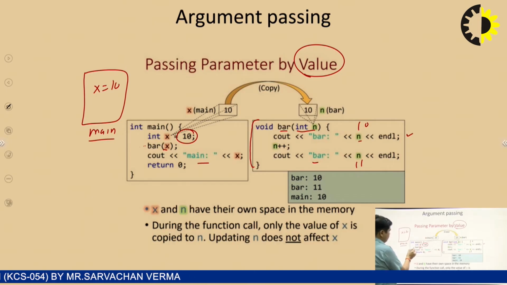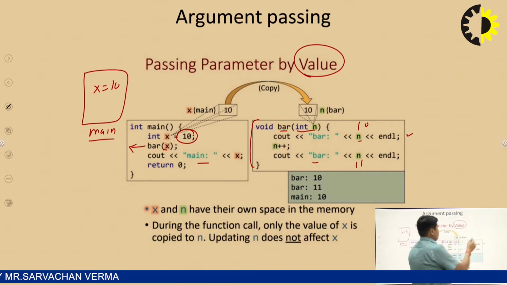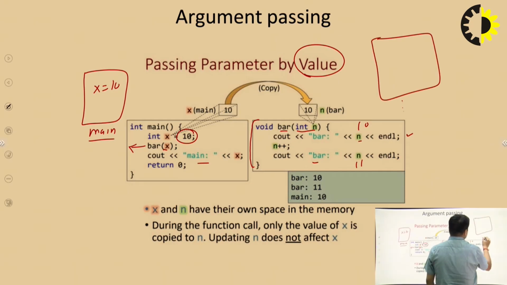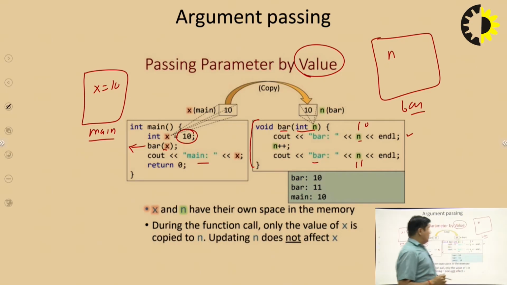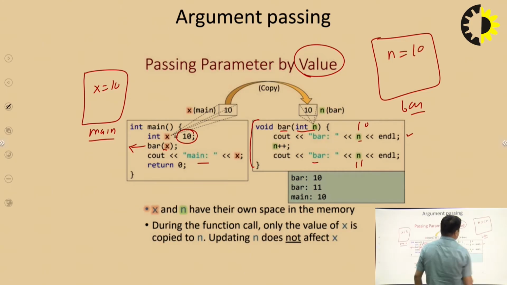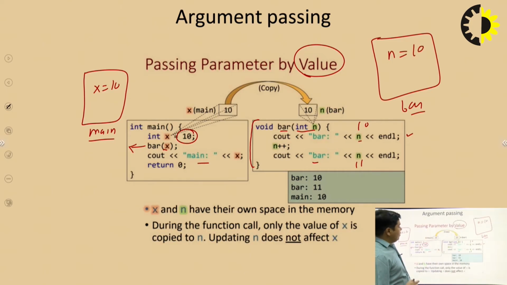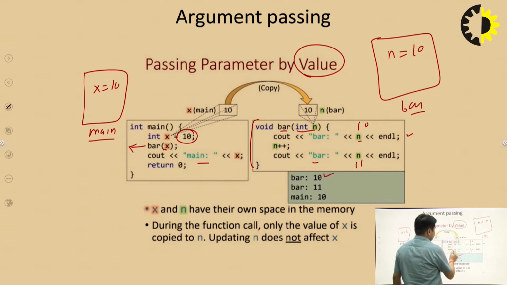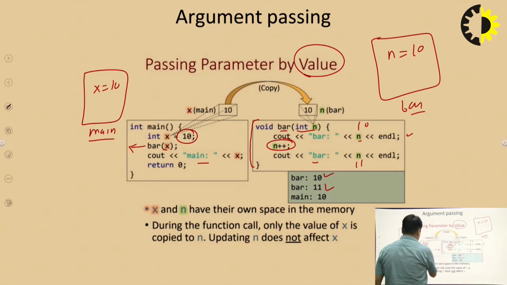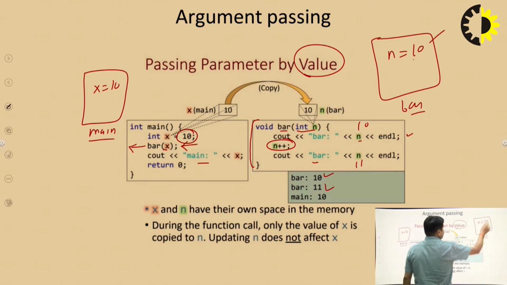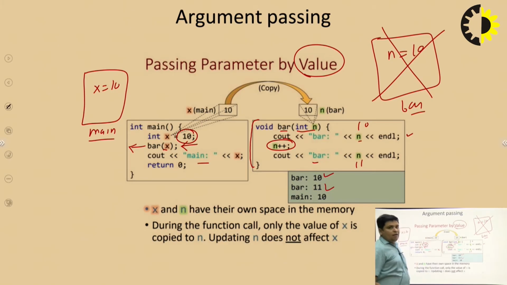When I am calling this line, immediately a block of memory will be allocated for function bar and the local variable n will be created, and the value will be transferred from x to n. Now n becomes 10. Then this line will be printed, increment the value of n by 1, then this will be printed, immediately control goes back to this line, and this memory will be destroyed, and I am going to print the value of x. What is the existing value of x? 10.